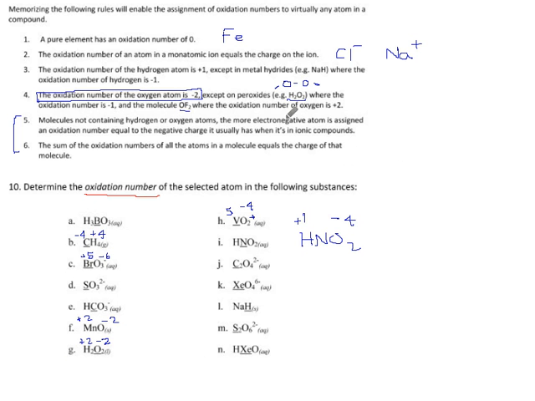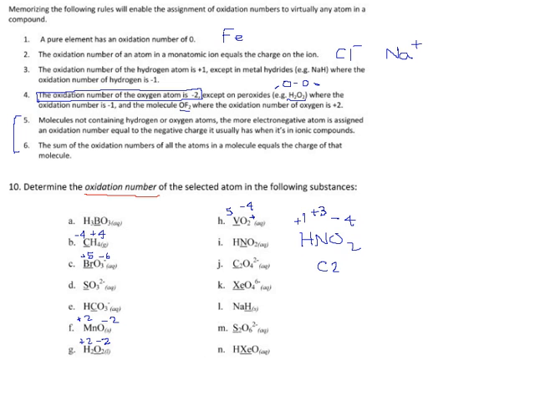So I should try to do it right. Plus 1 for the hydrogen, minus 4 for the oxygens combined. Now, what do you think for the nitrogen? The total charge on this thing is 0 because they didn't mention any charge. 1 plus negative 4 puts us at minus 3, so the nitrogen must be a plus 3 to get us to where we need to be.